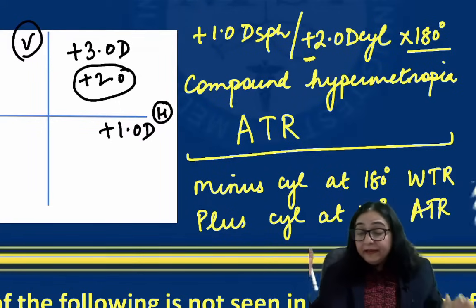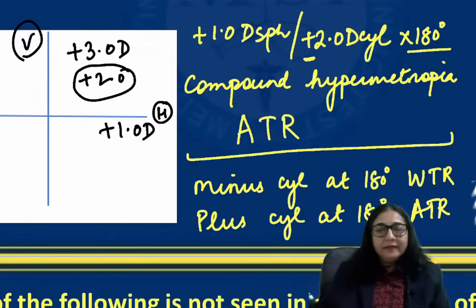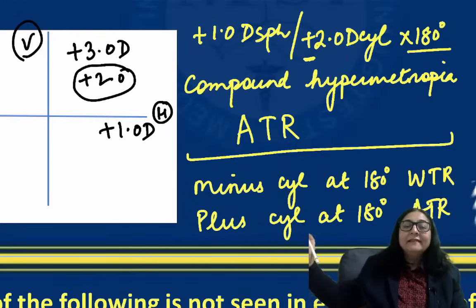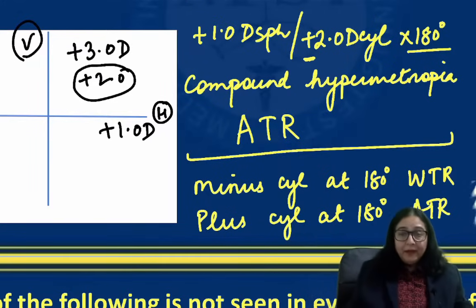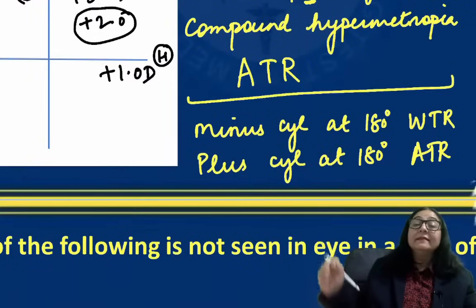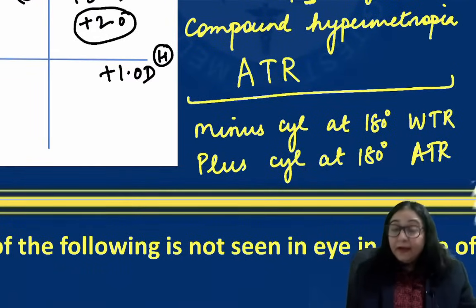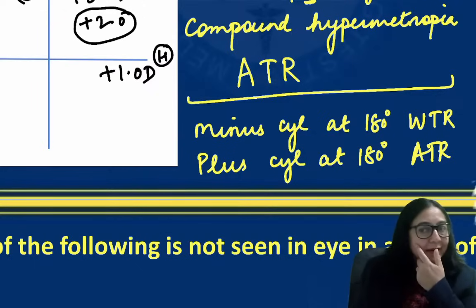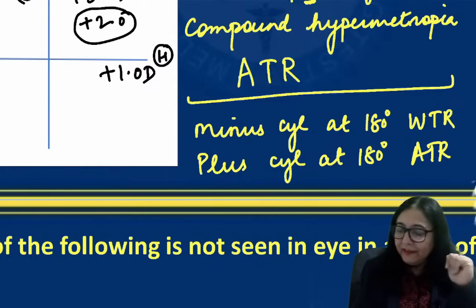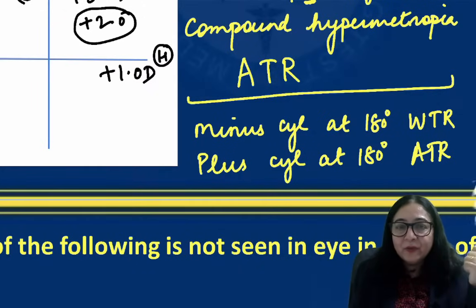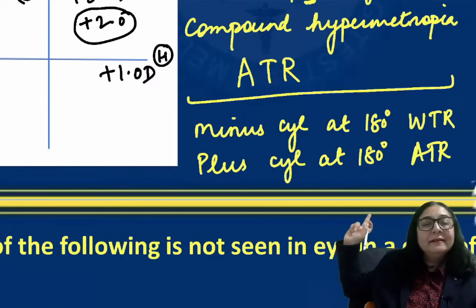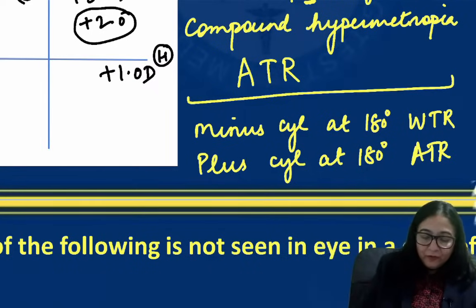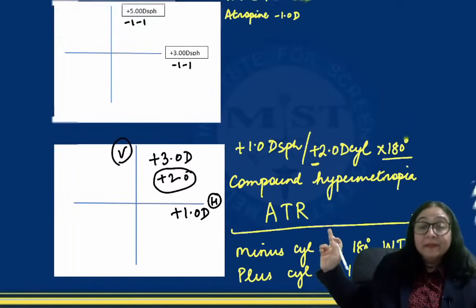Okay, just do this. So minus cylinder at 180 is with the rule, plus cylinder at 180 is against the rule. Okay, I will go with another example at the end of the session, so that you will get to know it again. But here, is everything clear to all of you what I explained?